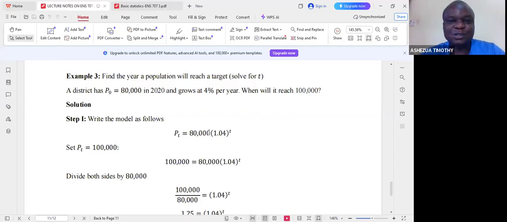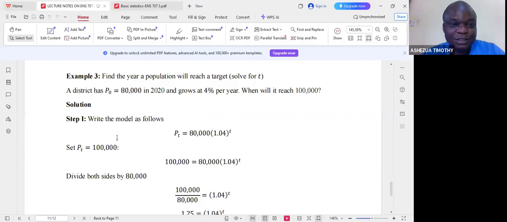P of t is equal to P naught, 1 plus R. I know this R here is 0.04, isn't it? 4% is equal to 0.04. So your 1 plus 0.04 will give you 1.04 raised to the power t.